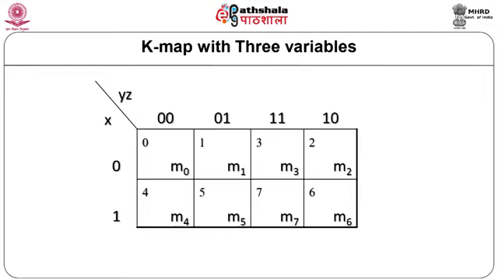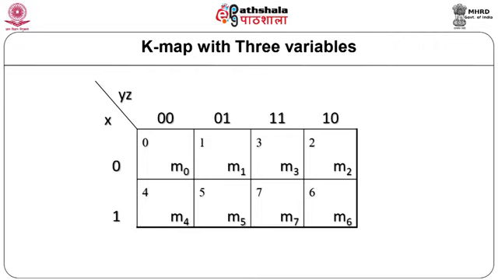The values that we have written for x are 0 and then 1, and for YZ the values are written as 00 in a column, 01, 11 and 10. Please note that this does not follow the natural binary sequence, but in order to find the adjacent cells, we must follow the gray code for the representation. That is why you can see the third column is 11, not 10.